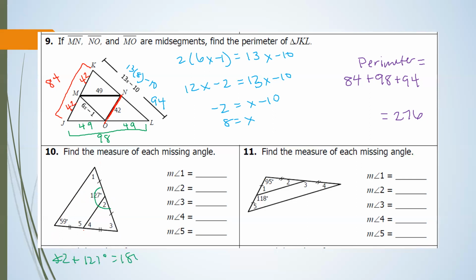So they have to add up to 180. So subtract 127 from both sides, and I know that angle 2 has to equal 53 degrees. But because these lines are parallel, and this would be a transversal, angle 1 and 2 are corresponding. So angle 1 would have to be congruent to angle 2. Okay, now we got to figure out angles 5 and 4 and 3.